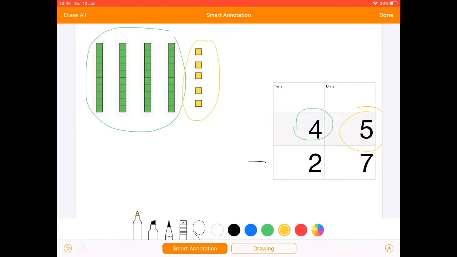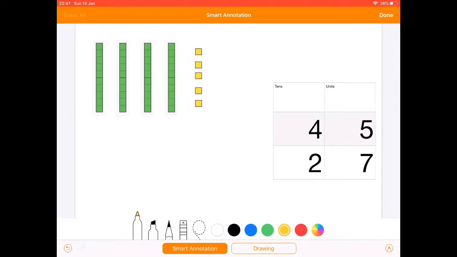Now if you look at my 5 ones, my yellow little ones, I only have 5 of them, so can I take 7 away from them? No, I wouldn't be able to do that. If I had 5 ice creams and I tried to take 7 ice creams away, I wouldn't be able to do that. So we have to use this thing that is called decomposition. That's when we have to decompose one of our tens.